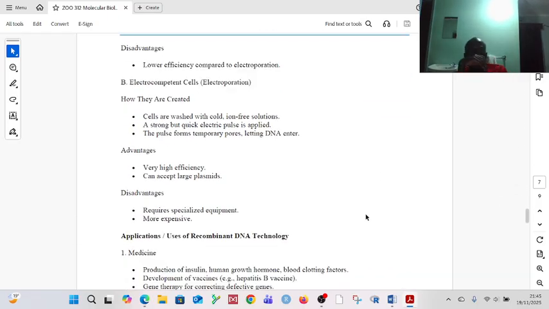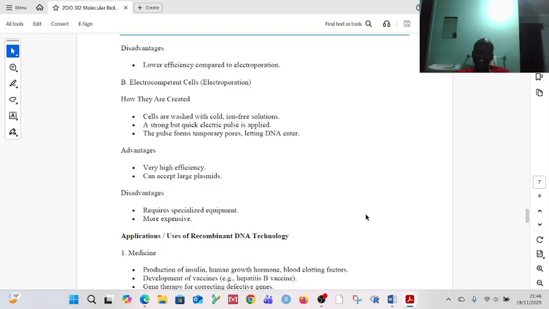Another way in which cells can be made competent artificially is electroporation. Electroporation means you subject these cells to a strong but quick electric pulse, some sort of electric shock.